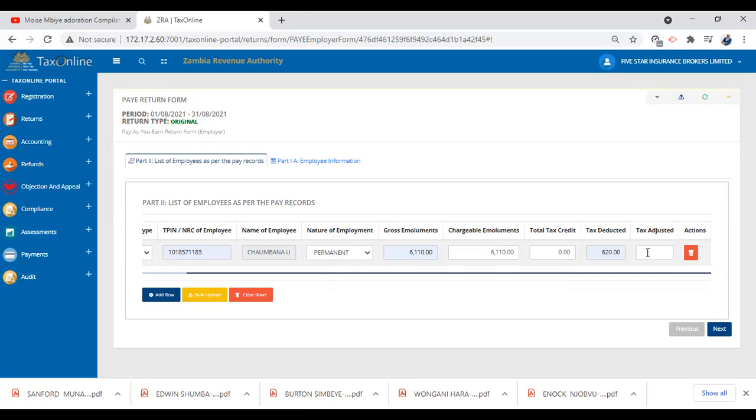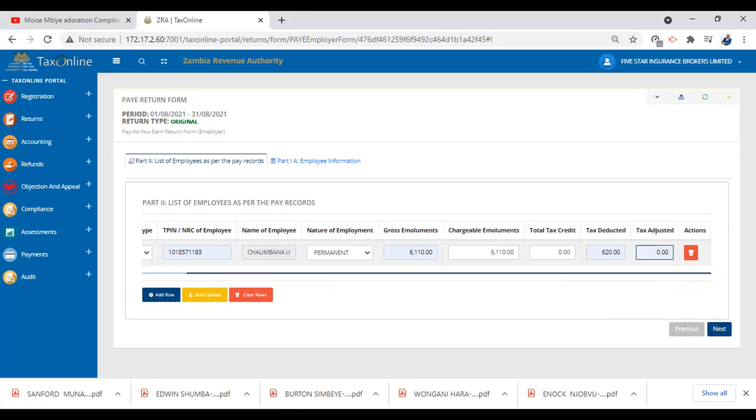The accumulation of that amount will be showing as adjusted. But we advise that this column, don't use it, because even on our system, it's not being used. So you just put a 0 amount in there.